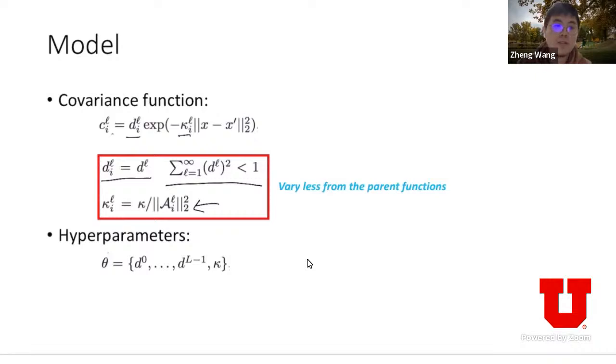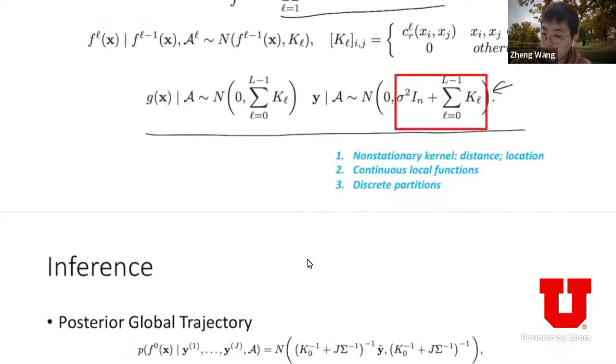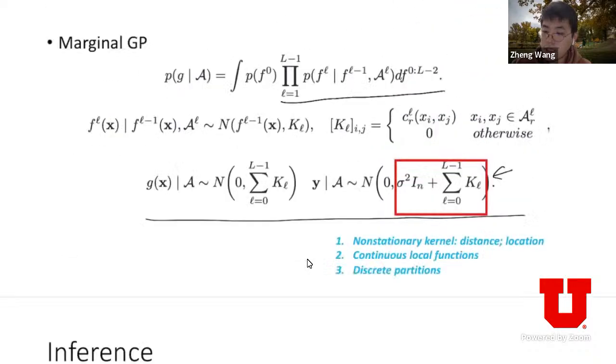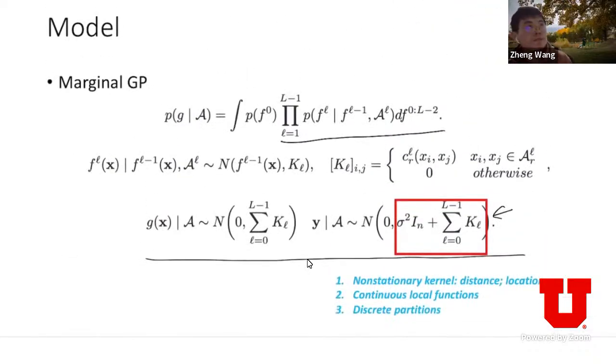They still want to make the children functions more similar to the parent function. And these parameters are hyperparameters. They are fixed, not learnable, because in the following slide you can see that they can have an analytical form of their posterior distribution. So they manually select kappa and the magnitude.